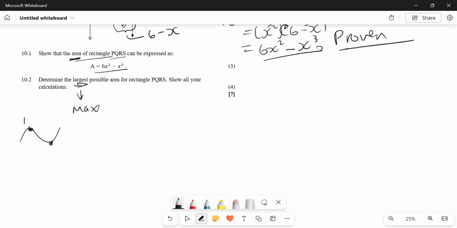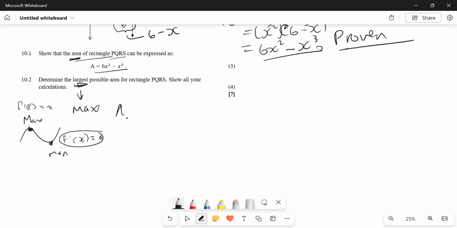Here we get our maximum, and here we get our minimum. On our maximum the derivative is equal to 0, and even here the derivative is 0 because that's our turning point. That's how we get x at the turning point. Whatever formula is given to you, you derive that formula and equate it to 0.